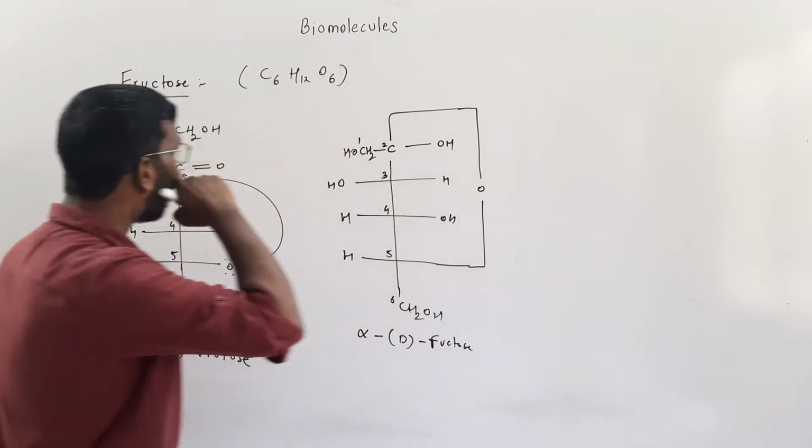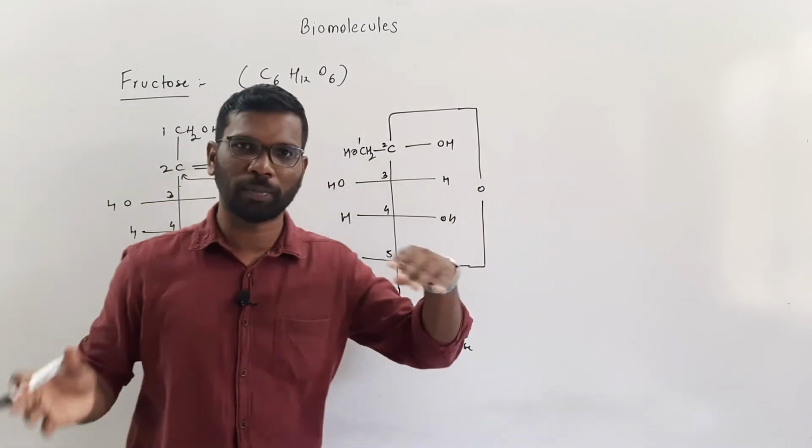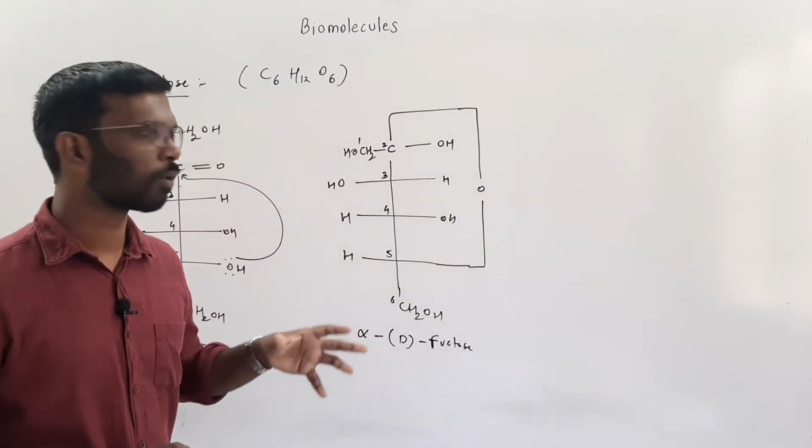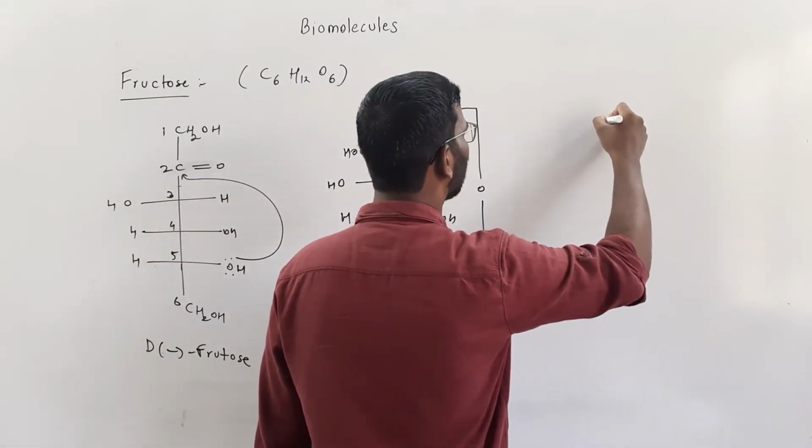fructose. Since this is a planar structure, we are also going to get equilibrium, a same percentage of the beta D fructose. How it will look? The structure will be same.